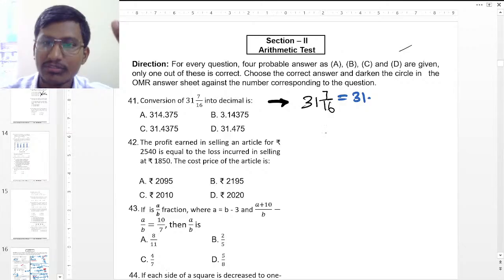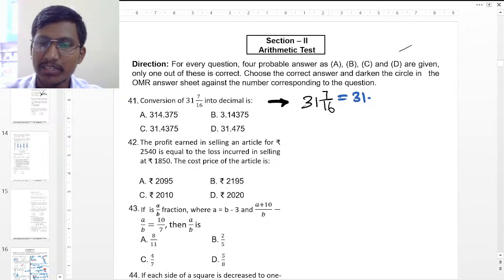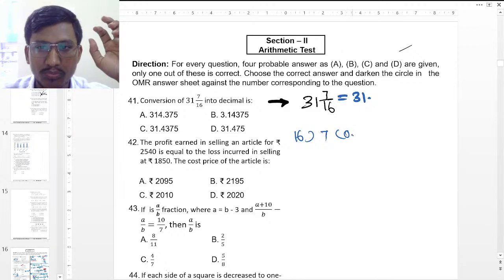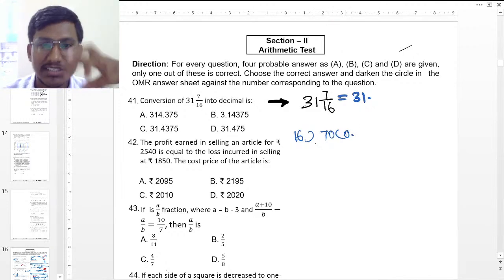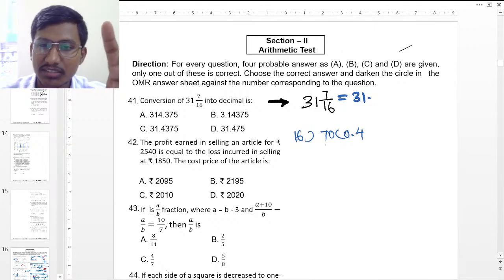I will divide with the long division method for now, and then we'll see how to do it directly. Here, 16 into 7: 7 is smaller, so we have to take 0 point, so it will become 70. Now 16 times 4 is 64.